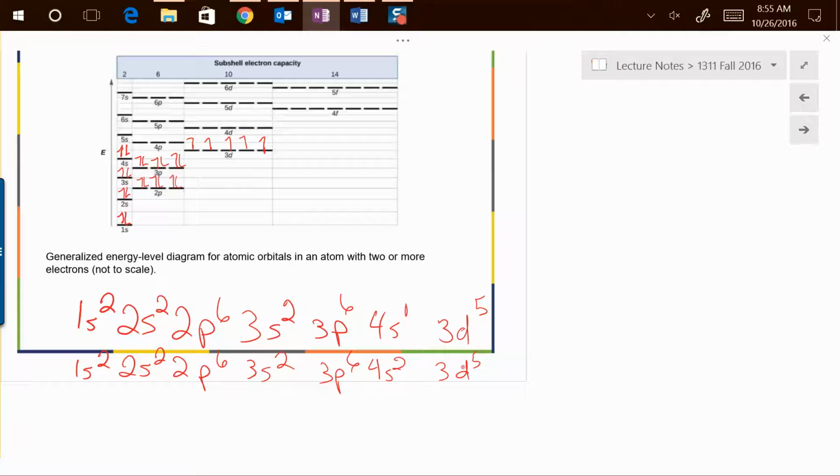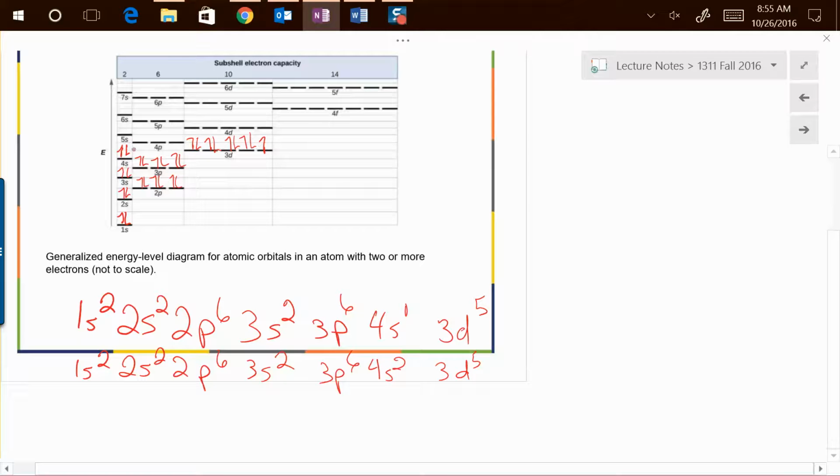Now, let's go to copper. So I'm at manganese. I'm going to go to iron, cobalt. So these are all following the correct pattern of electron configuration how we've discussed. Okay? Iron, cobalt, nickel, copper. When I hit copper, it steals an electron from the 4s and puts it here. Okay?